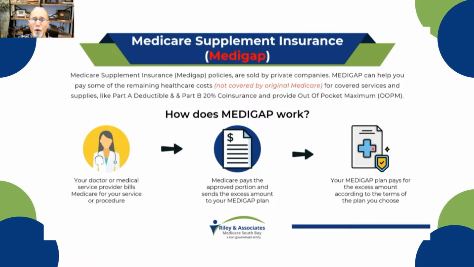Okay. So if you're on this option one where you do have a supplement, you're going to pay that first $283 at the beginning of the year, whether you go to doctors or labs or whatever it is. But then once you're done, they're going to pay for 100%. You're not going to pay anything else. So it's really quite a good deal.